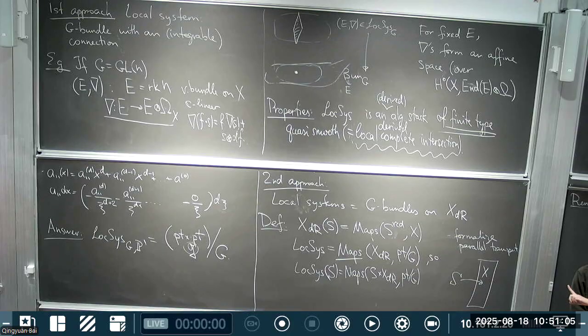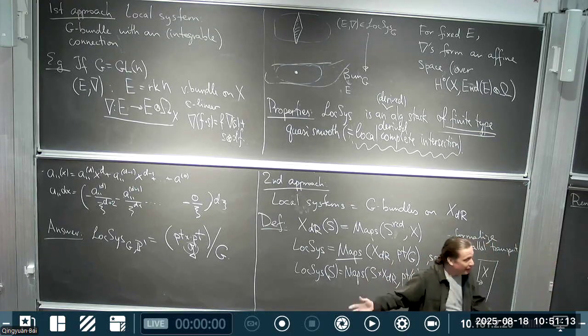But I meant for the third one, for LocSys. No, but even like you can use this classically, but then of course you won't see any of the derived story.